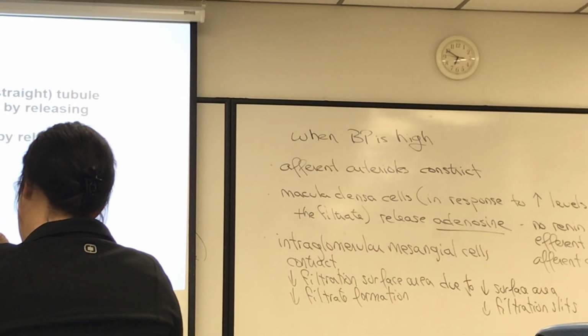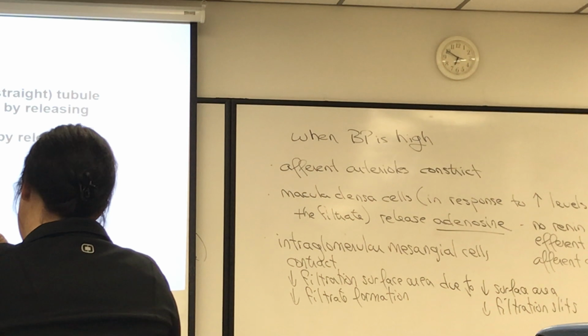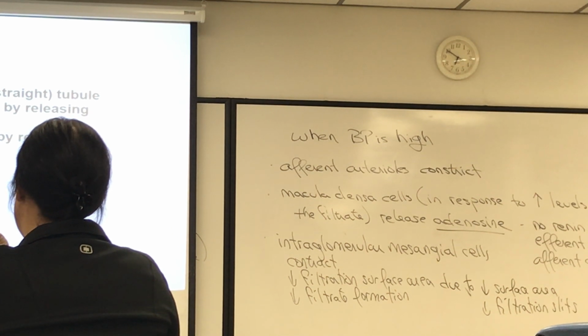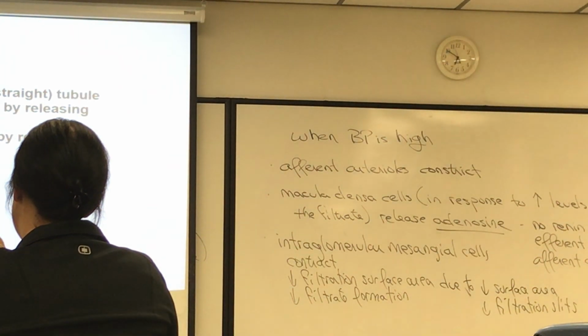Now, I was going to make both B and C wrong, but I decided that was too tricky. I've already played with your brain. So one of them, either B or C, is correct.